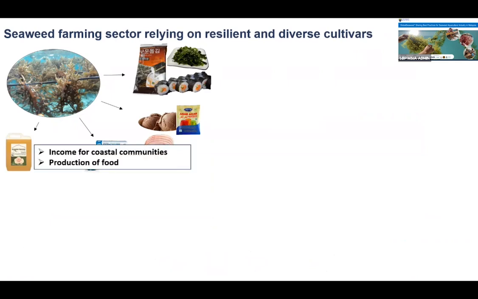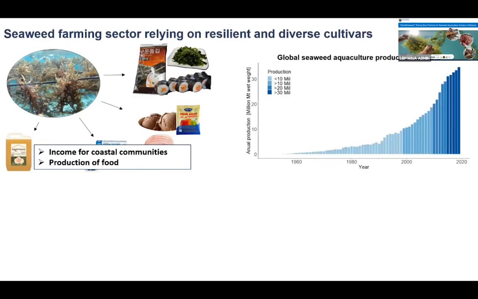This provides opportunities for people to become economically active, specifically in coastal communities. Seaweed aquaculture also supports food security, either by consumption of seaweeds directly or by its integration into multi-trophic aquaculture. The fast growth of the seaweed farming sector, specifically in the last 2 decades, can be seen here and underlines its relevance.